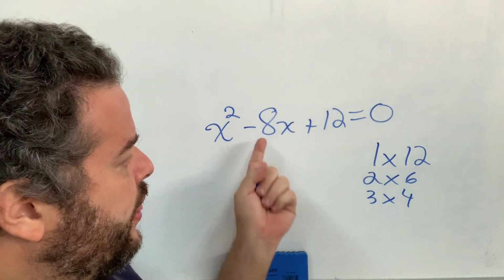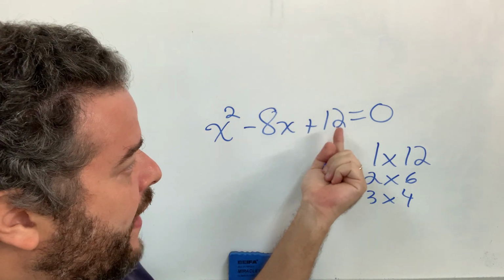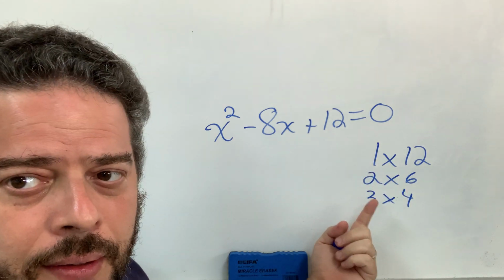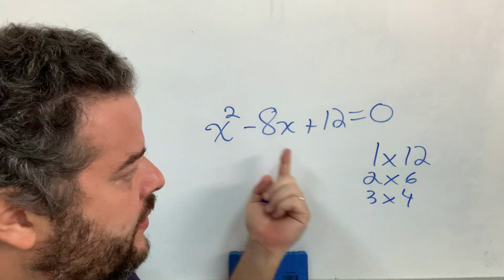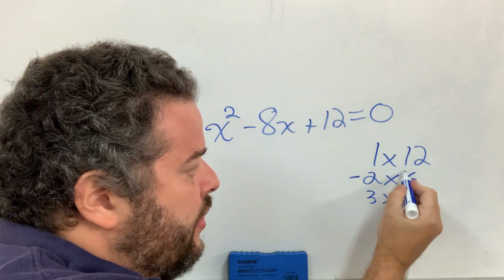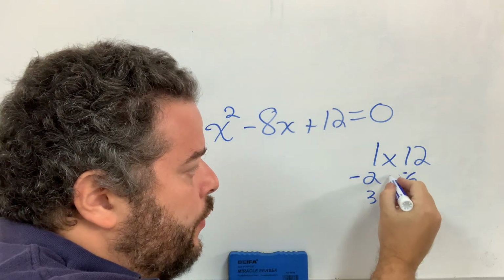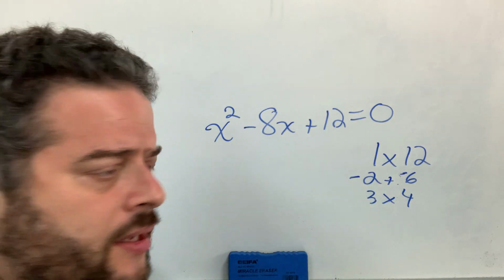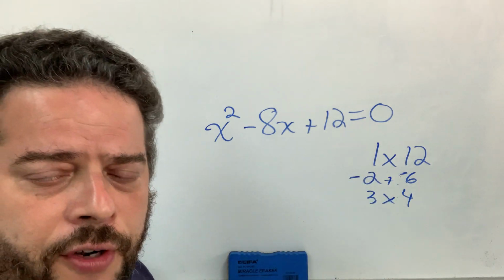How do you end up with this number now? So with the factors of this number, which ones can I add to end up with negative 8? I look here, I know that if this was a negative 2 and this was a negative 6, and I were to combine those two numbers, I would end up with negative 8. There is no other solution for this.